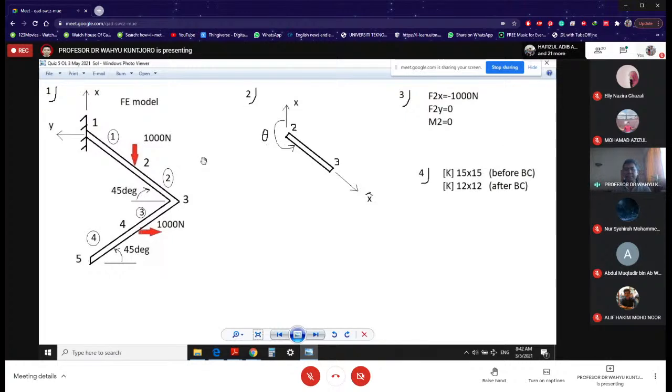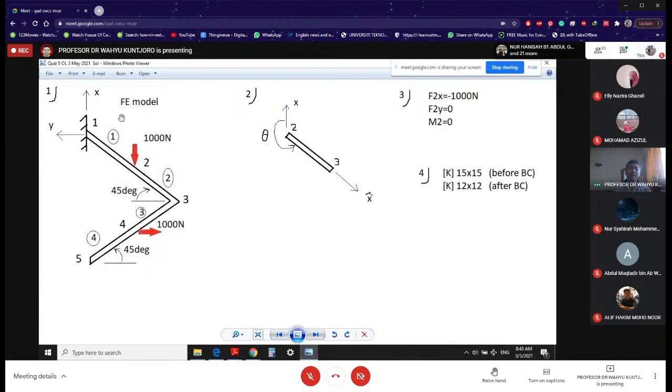Now you see here that this 1000 Newton arrow is along the x-axis. That is the x direction, vertical, and this force is also vertical. So this 1000 Newton force is not along the y-axis, which normally you are accustomed to, but now the vertical axis is x, and positive x is going up.